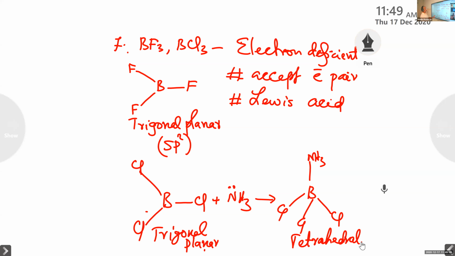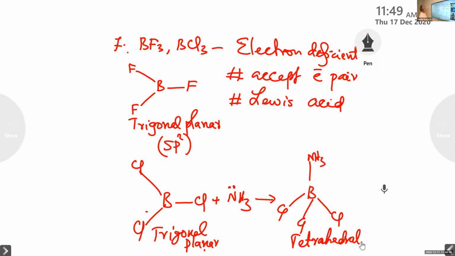So BCl3 or BF3 reacts with the Lewis base NH3 with the formation of BCl3 NH3 adduct. In the BCl3 NH3 compound, there is a tetrahedral structure for boron. Boron attains the tetrahedral structure.